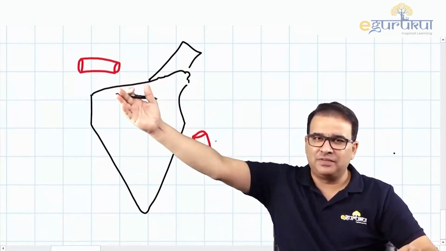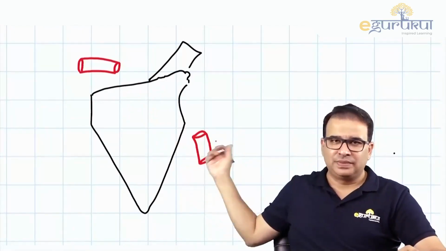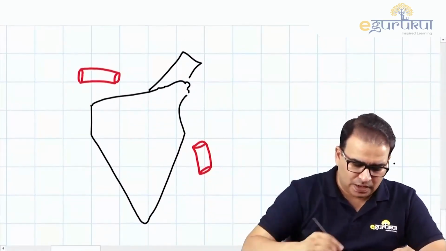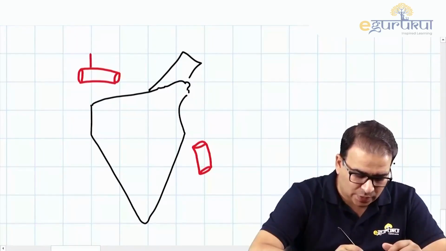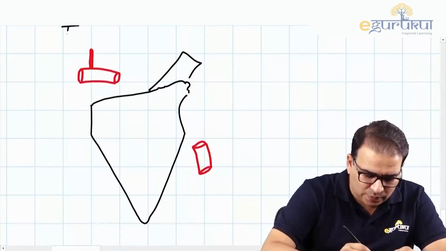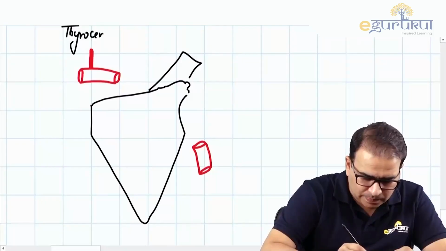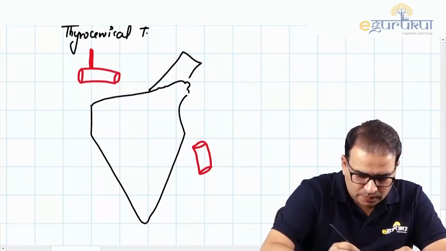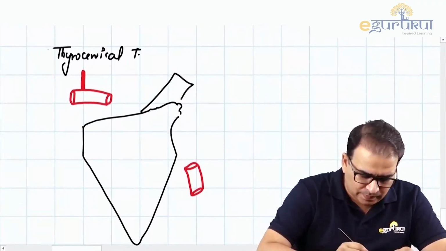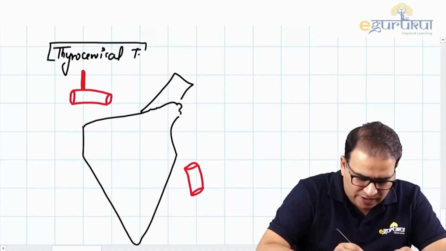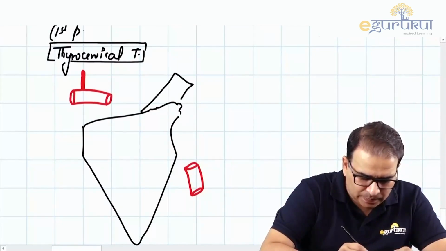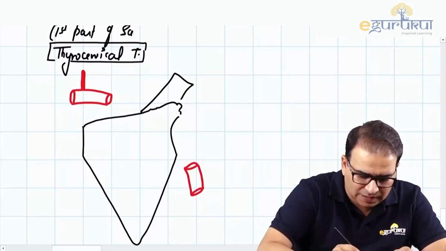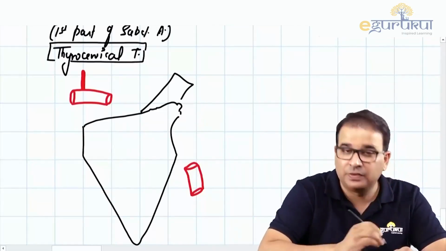The branch that we said we need from the first part of the subclavian artery is the thyrocervical trunk. Let's say this big trunk coming from here is the thyrocervical trunk. And just to clarify again, the thyrocervical trunk is coming from the first part of the subclavian artery.